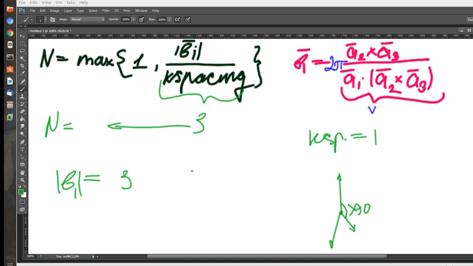Let's say that K-spacing is 0.5, that is the default number of K points, and here we'll have 0.5 as well, and thus we have 6 K points in reciprocal space.